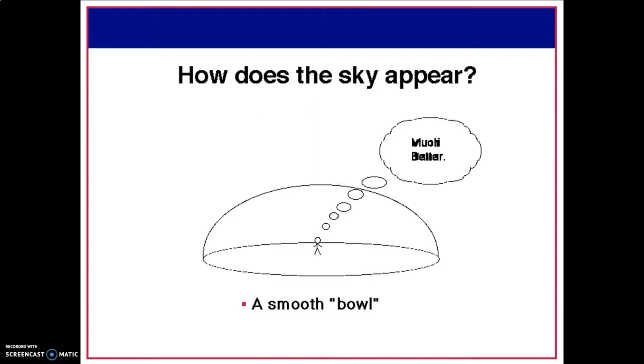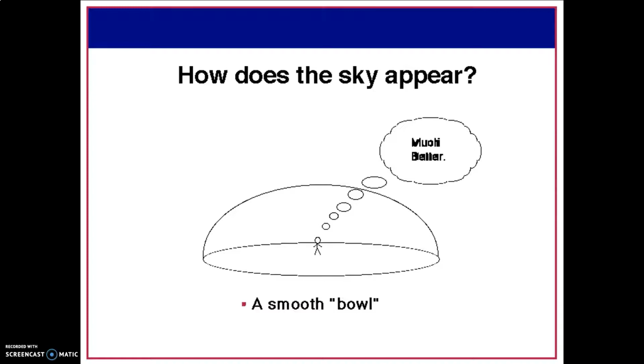We're rotating about 1,000 miles per hour, and that causes the Earth at the equator to be a little fatter than a perfect sphere. But the reason we have a dome-shaped sky is because the Earth is almost spherical, though again, it's called oblate. If the Earth were more of a box shape, then we'd probably have a box-shaped sky, and that'd be kind of weird. But this is what the sky looks like.